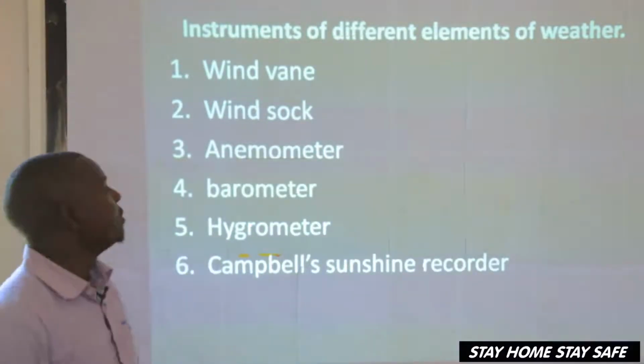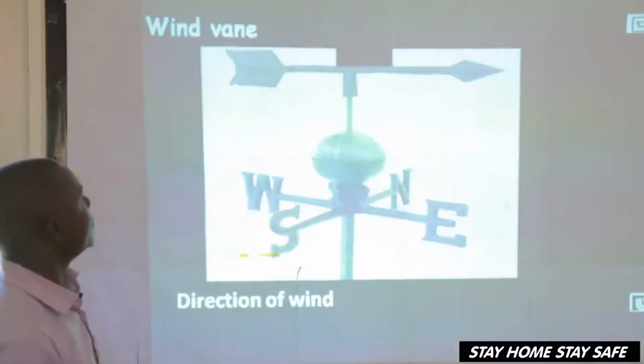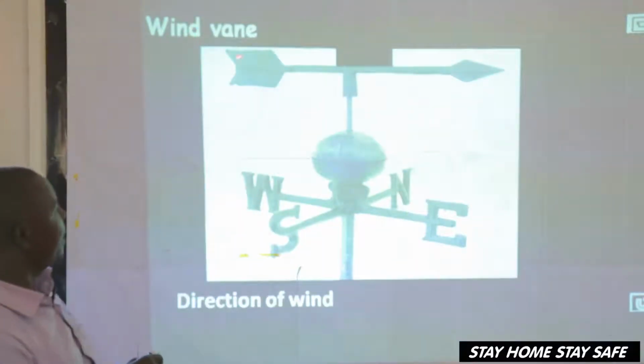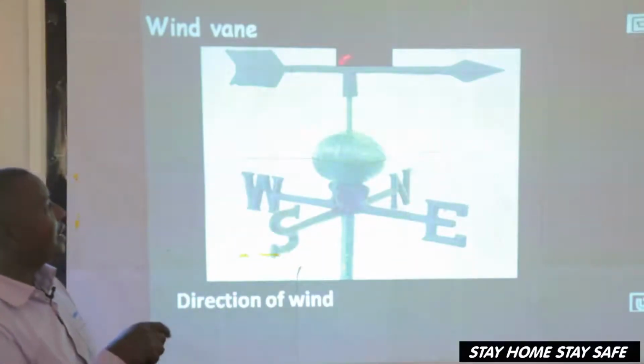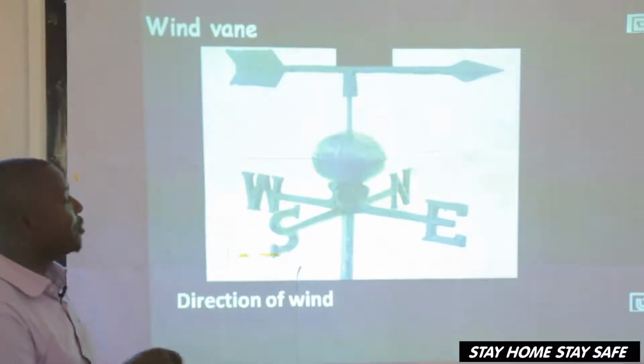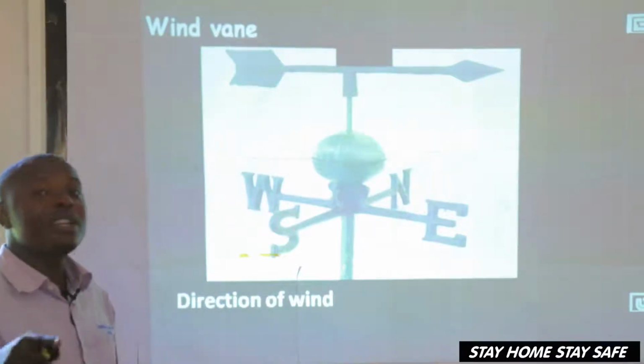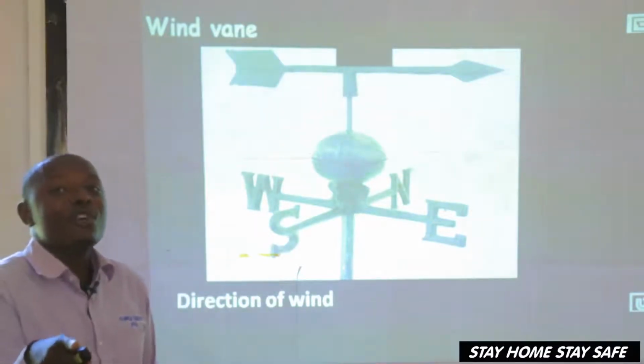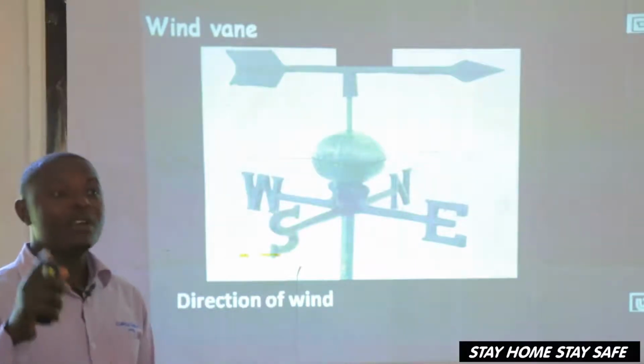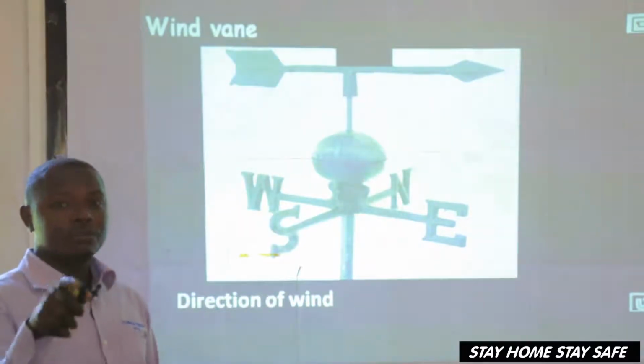So let's look at the uses of each of them. One, the wind vane. This is the picture showing a wind vane. Now, what does it do? It shows the direction where wind is blowing from.